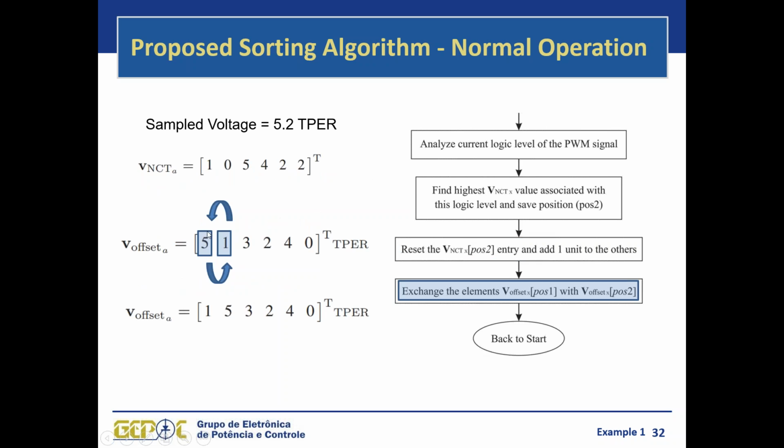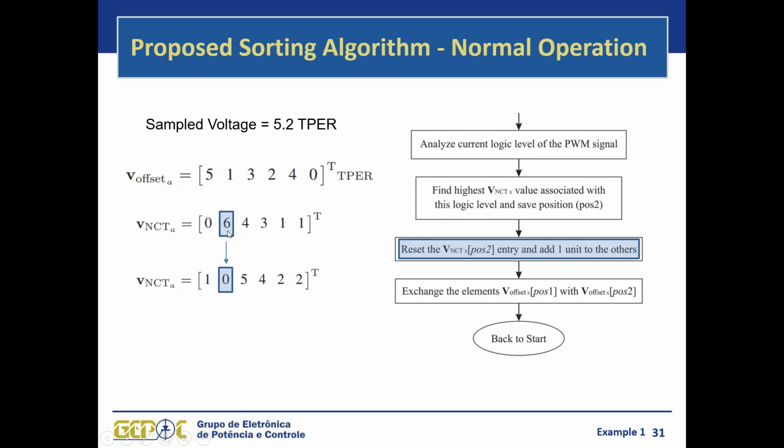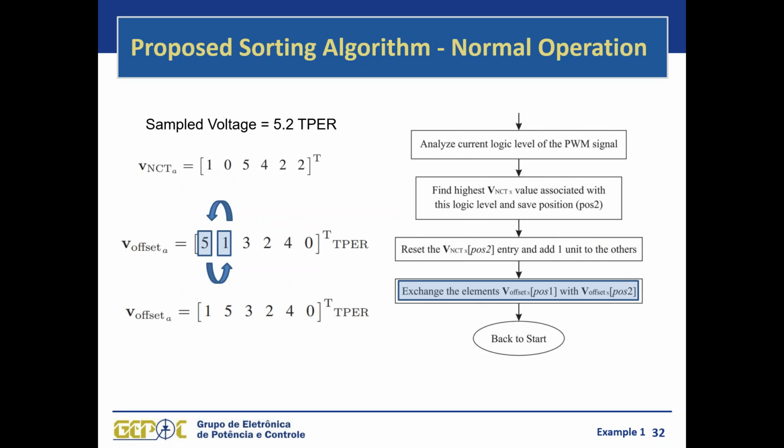After that, we exchange the elements of the V offset vector regarding position 1 and position 2. Position 1 is the switch that should be taking over the PWM, but it has just switched from the previous interruption, and switch S3 stayed for 6 interruptions without switching. So it's time for that switch to take over the PWM. So we change these 2 offsets here. And what happens is that instead of switch S1 taking over the PWM, switch S3 will take over the PWM and will commutate.